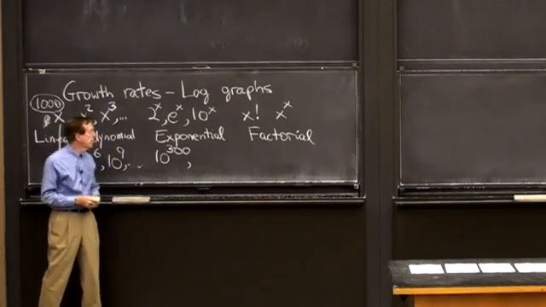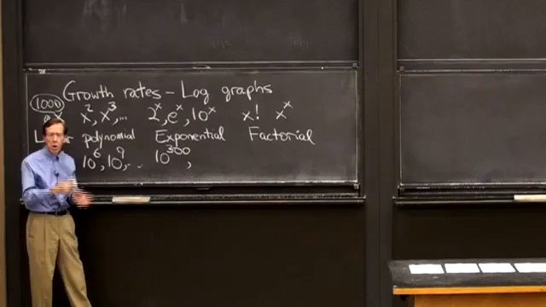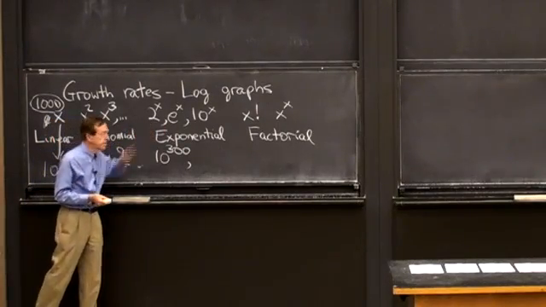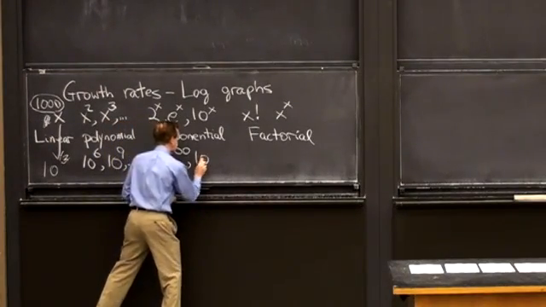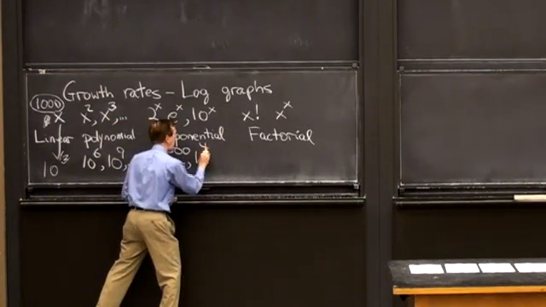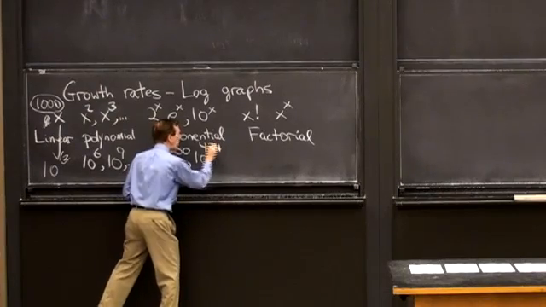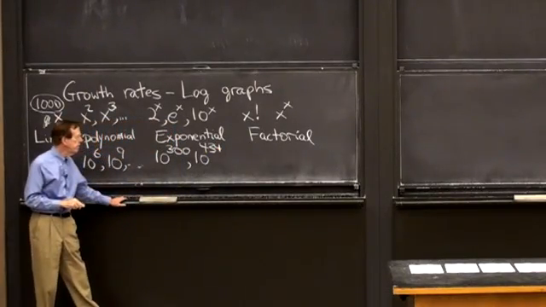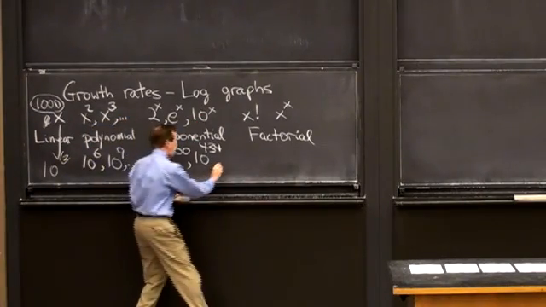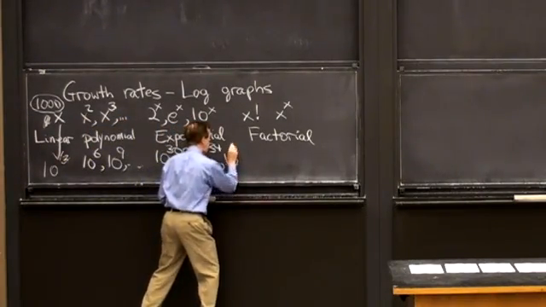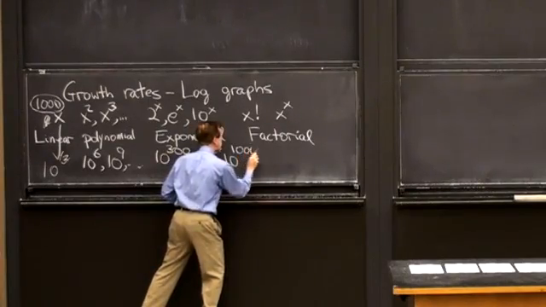Then e to the 1,000th, that's going to be bigger than 2. e is 2.7, etc. This is more like 10 to the, I think this is right, about 434 maybe. And 10 to the 1,000th, well, I can write that right in, 10 to the 1,000th, when x is 1,000.